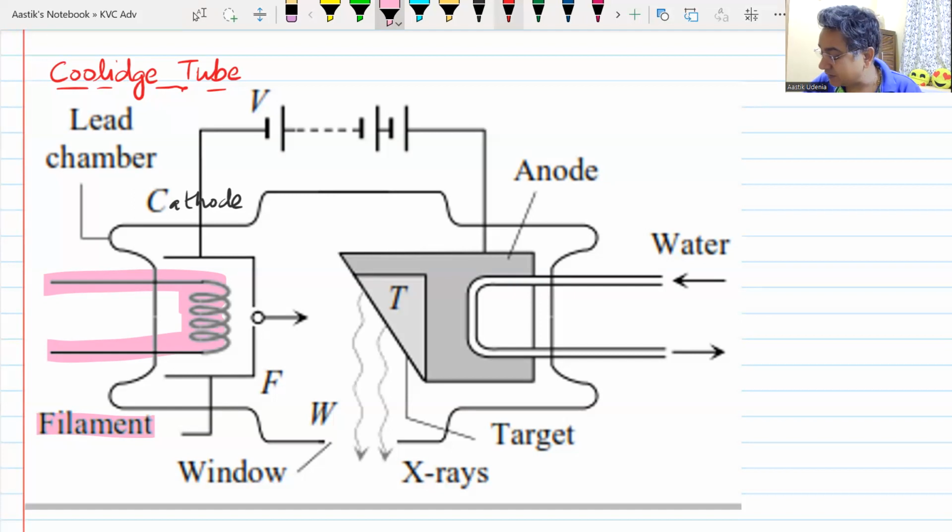This filament is going to emit electrons. By which process? What is the symbol of the filament that you see? How does it look like? It looks like a heater.